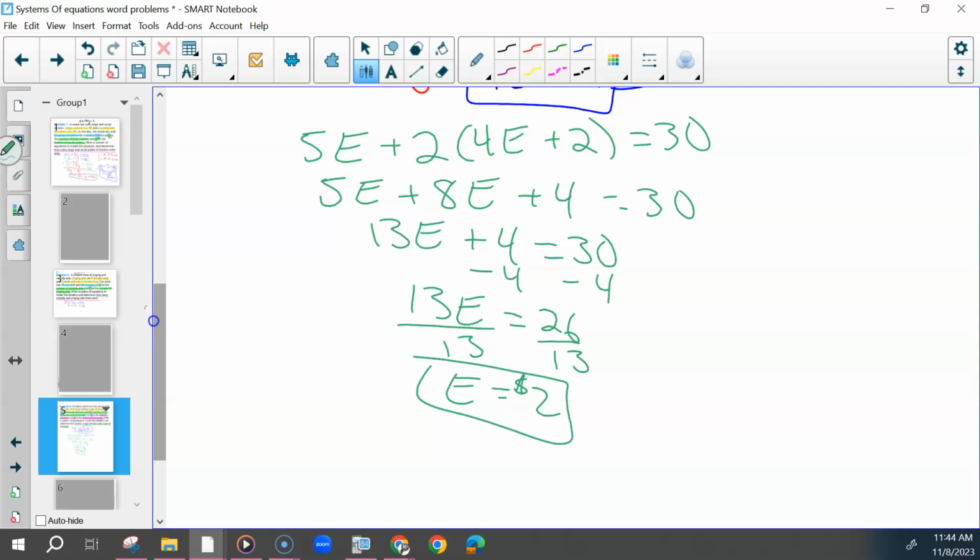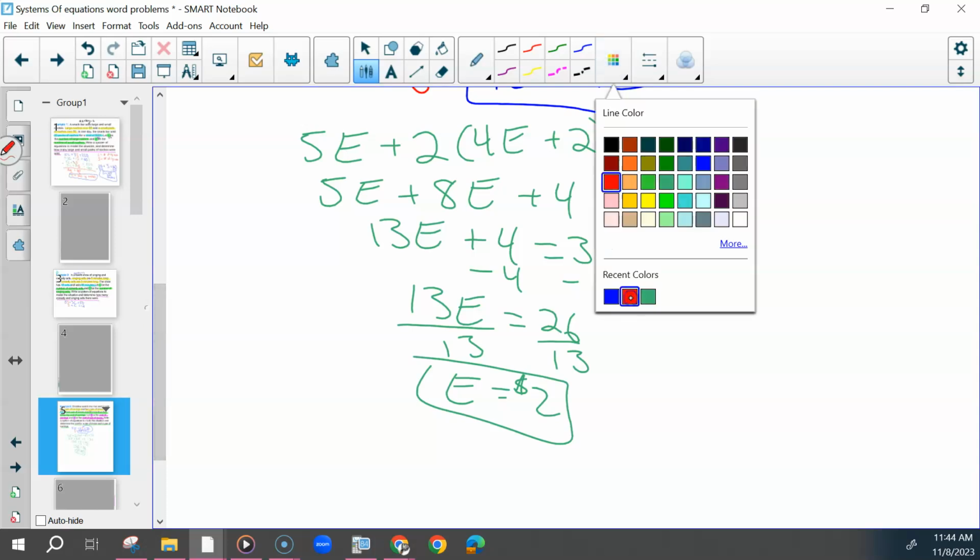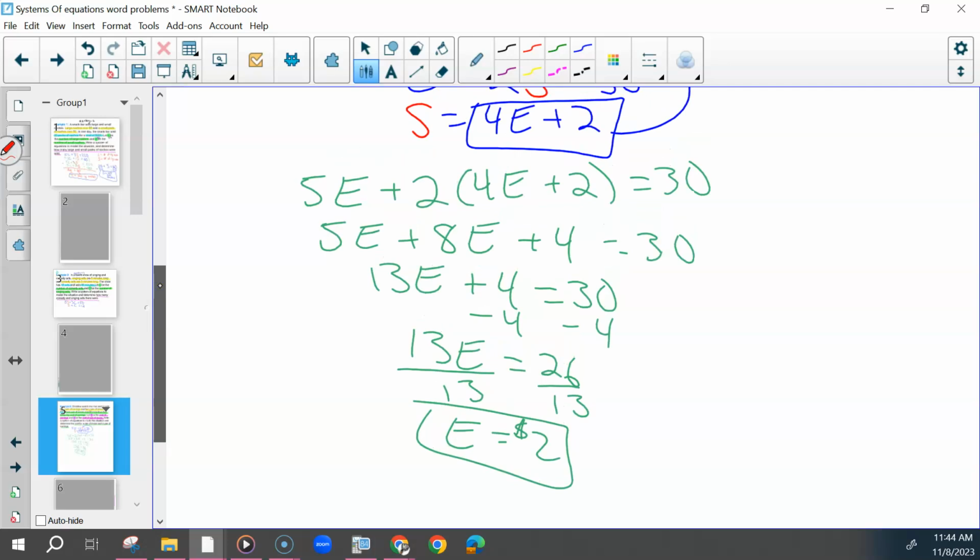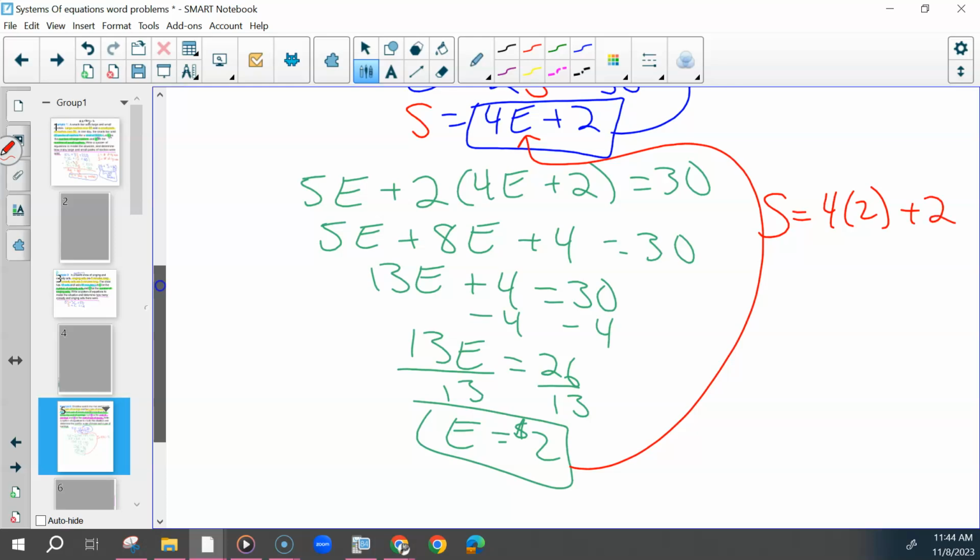Now we gotta go back and find S. So we can put this 2 back in this equation where S is, solve for S. So we'd have 4 times 2 plus 2, which would give us what? 10 what? What's our label? Dollars.